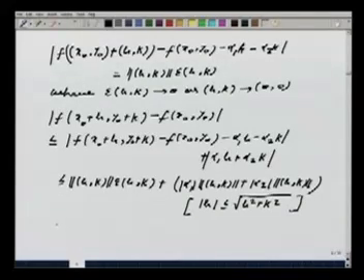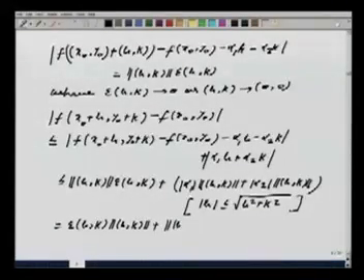So I finally get that this is equal to epsilon hk times norm hk plus norm hk times a constant which is mod alpha 1 plus mod alpha 2.